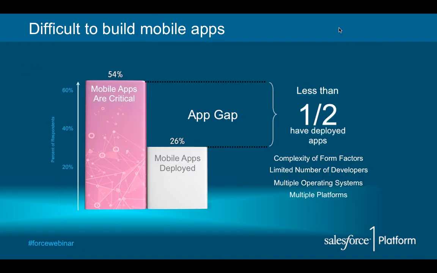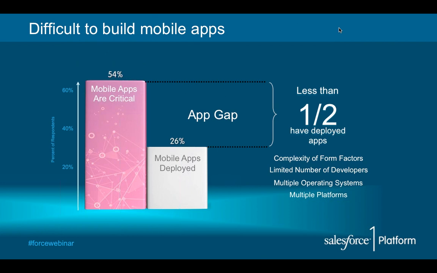Now, the problem in enterprises, however, is that enterprises find it extremely difficult to create a mobile strategy. If you look at surveys that are being done in lots of companies, you see that more than half consider mobile apps to be critical for them, and IT officers and CIOs and architects all realize this, but at the same time, not even half of those, or roughly half of those, are actually able to do this.